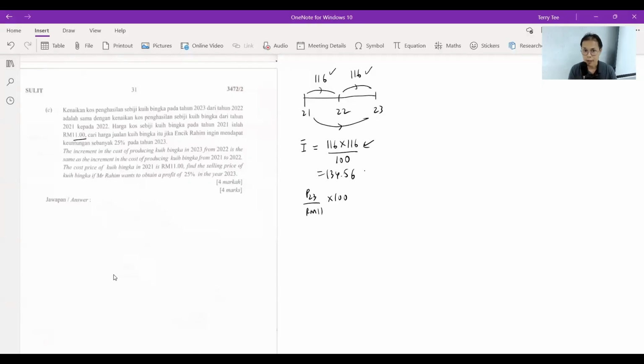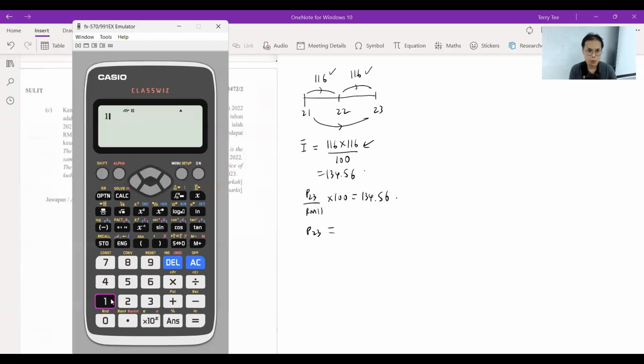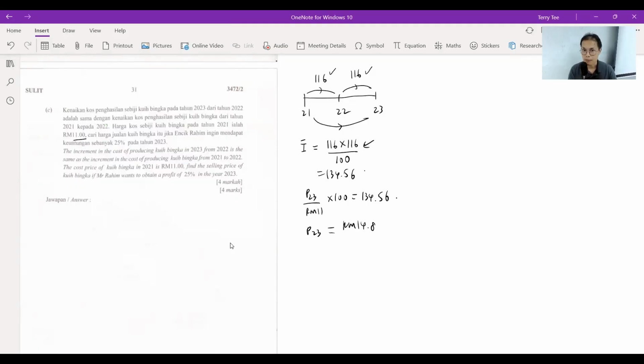In 2023, I do not know what the cost is, but we know the cost has gone up by 34.56%, right? So first we calculate the overall cost. Let's take 134.56 times 11 divided by 100. That will give us 14 ringgit 80 cents. So the cost in 2023 is 14 ringgit 80 cents.